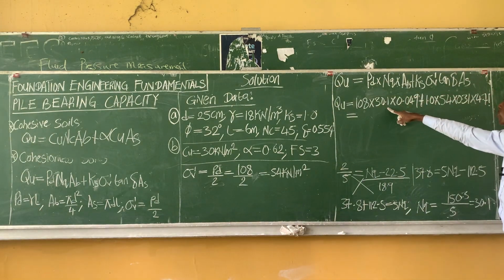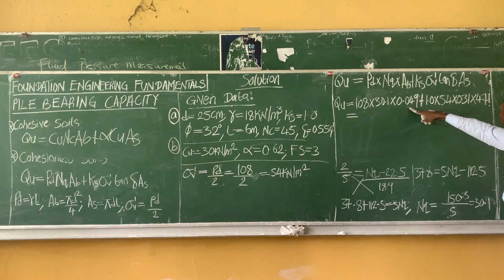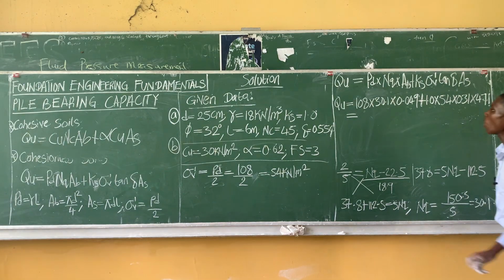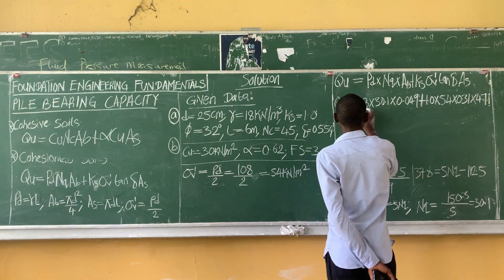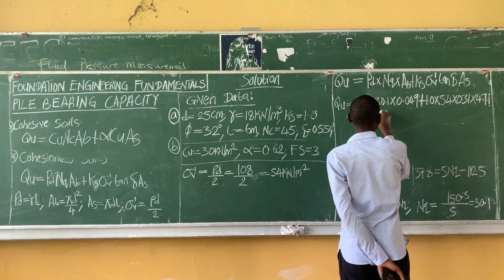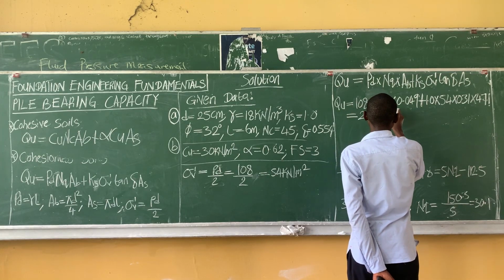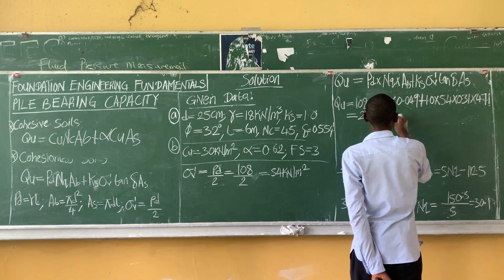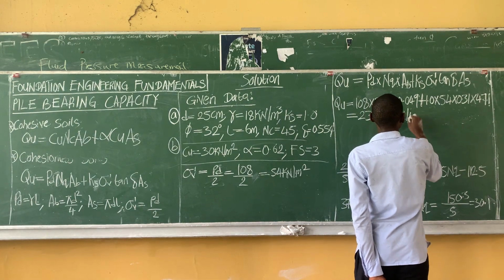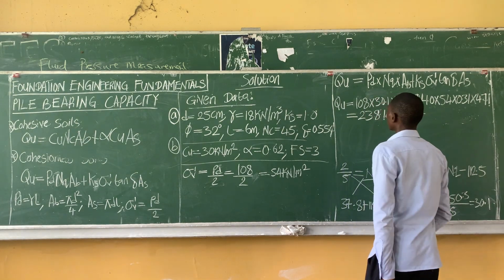That's equal to 108 times 30.1 times 0.049 plus 1.0 times 54 times 0.31 times 4.71. That will give us 236.238.1.14 kilonewton per meter square.